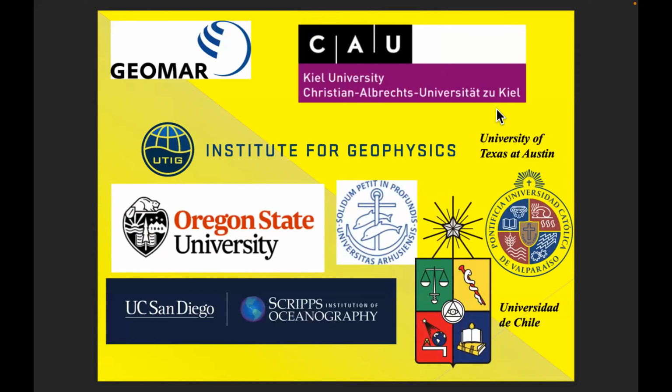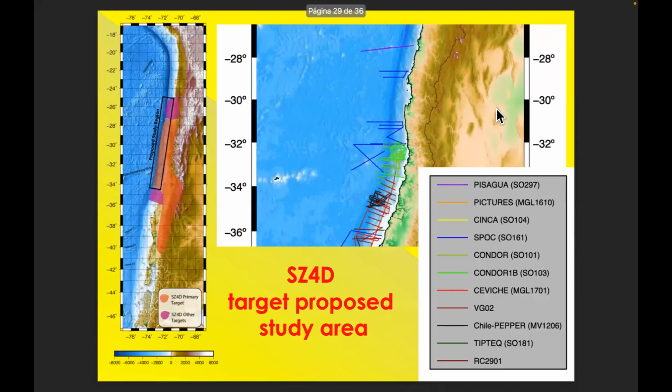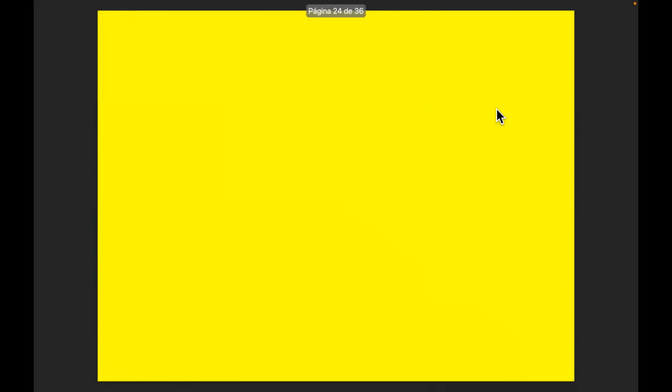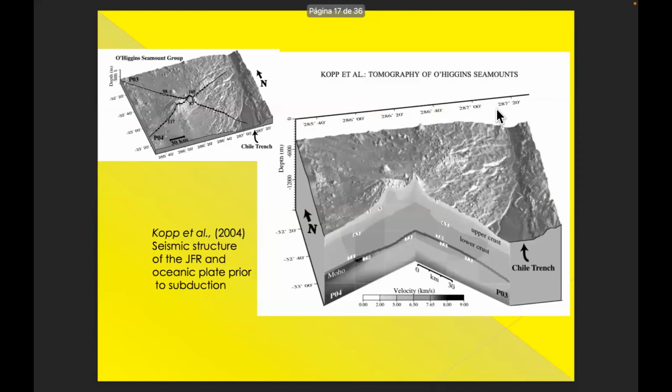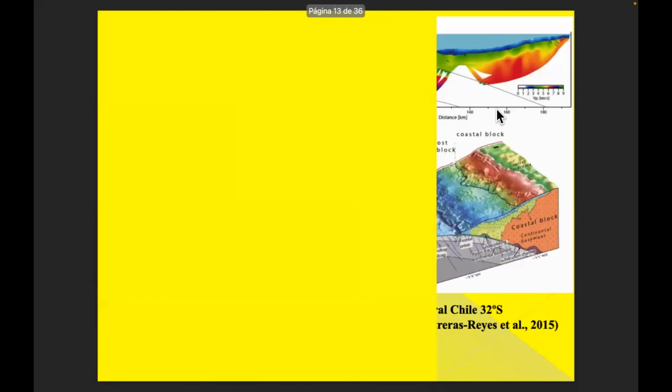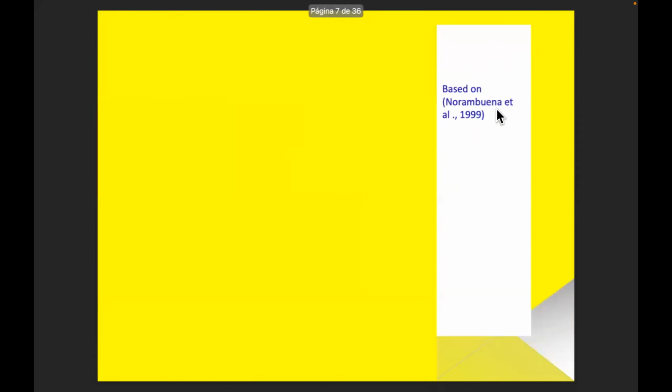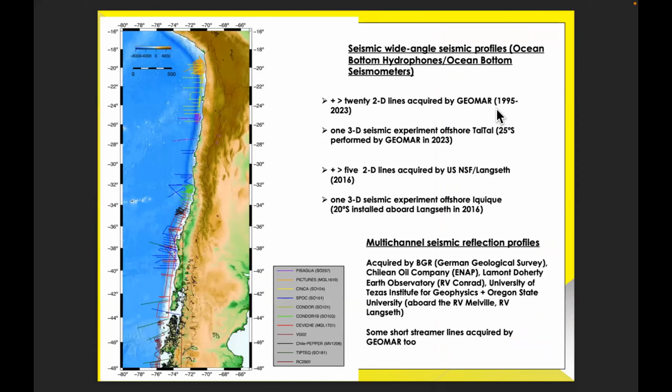I think this is my overview talk, and this is the main institution that took part in all this acquisition. Nevertheless, there are many data. I think some people consider Chile one of the most studied margins, despite its length being so long. This is the global, let me show you this one, the very old global seismic data. But okay, this is a matter of discussion. So I will stop here. Thanks.